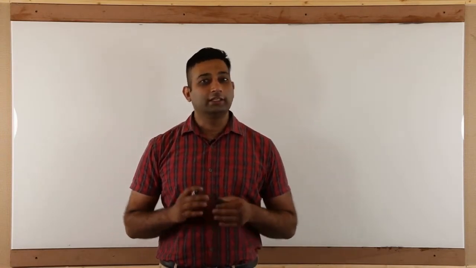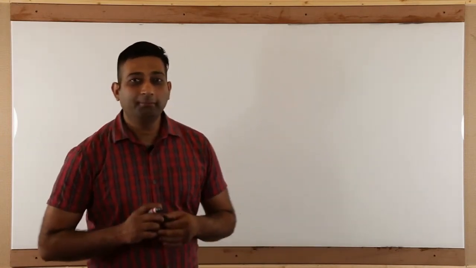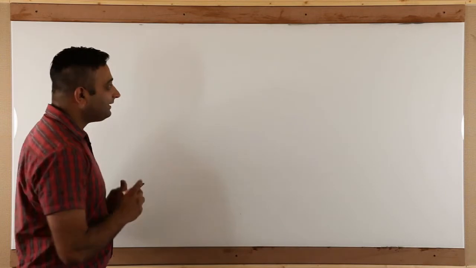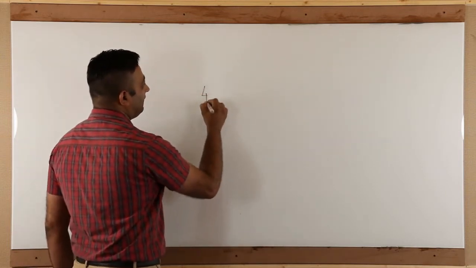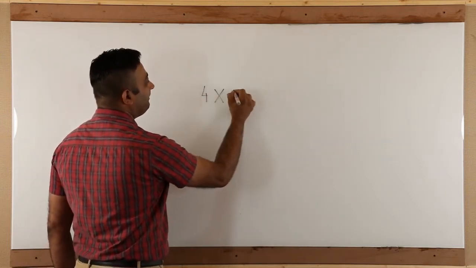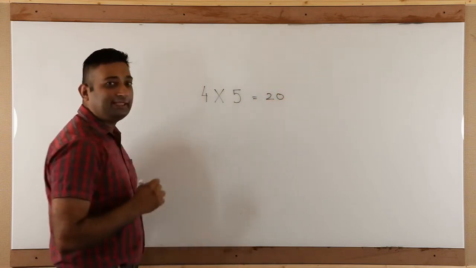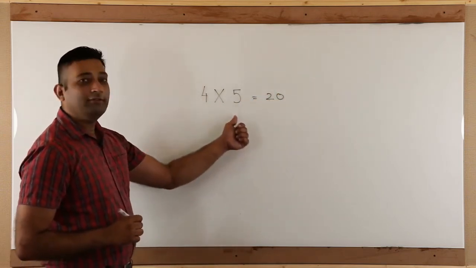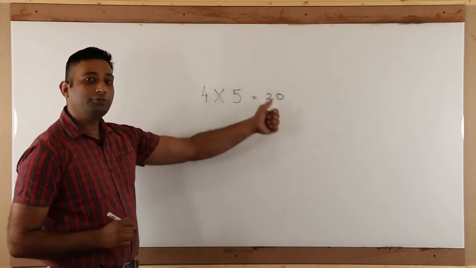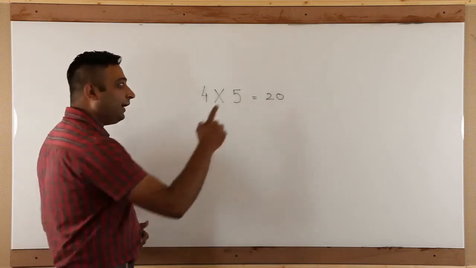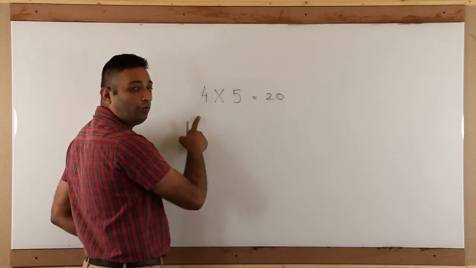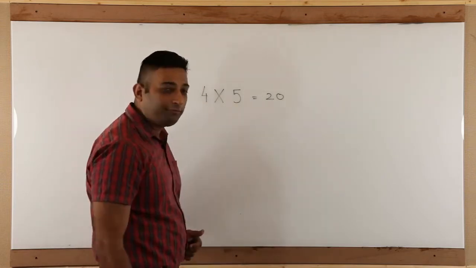Dear students, now let us discuss about the multiples. For that, let us take an example. We can say that 4 multiplied by 5 is equal to 20. In this, we can say that 4 and 5 are the factors of 20, and 20 is a multiple of 4 and a multiple of 5.